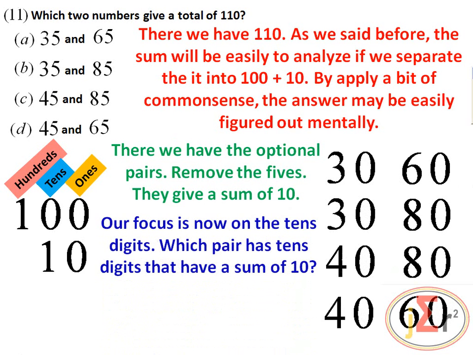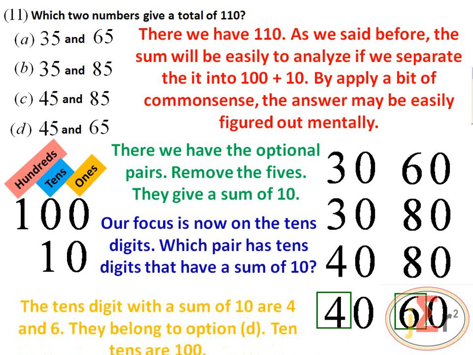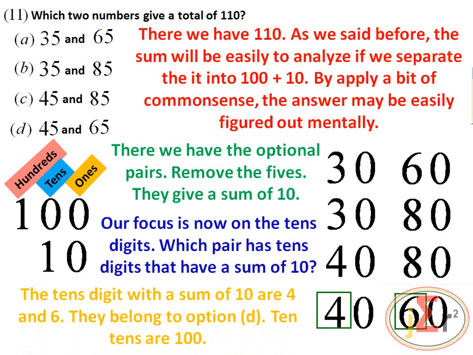Which pair has tens digits that have a sum of 10? The tens digits give a sum of 10. 40 and 60. Right. The tens digits with a sum of 10 are 4 and 6.